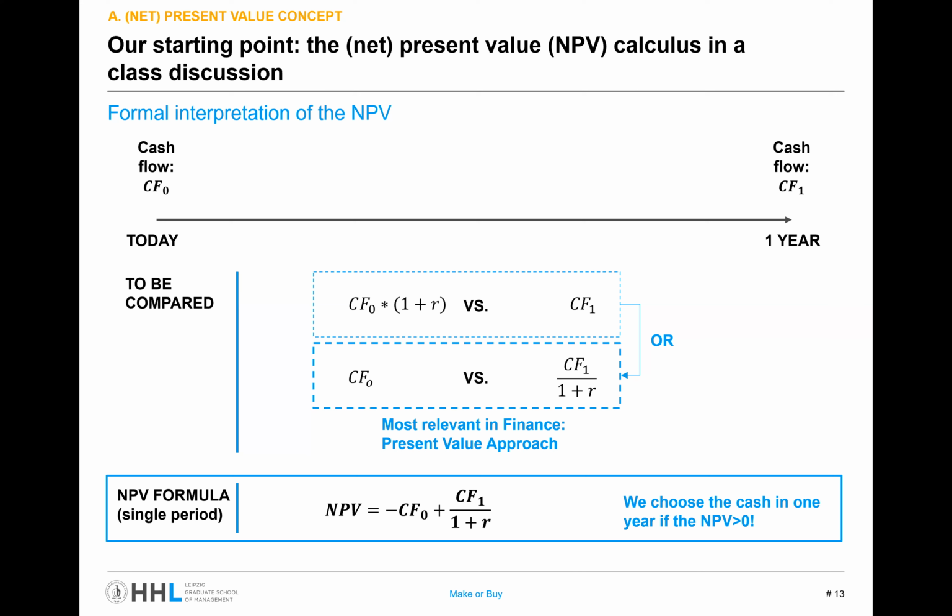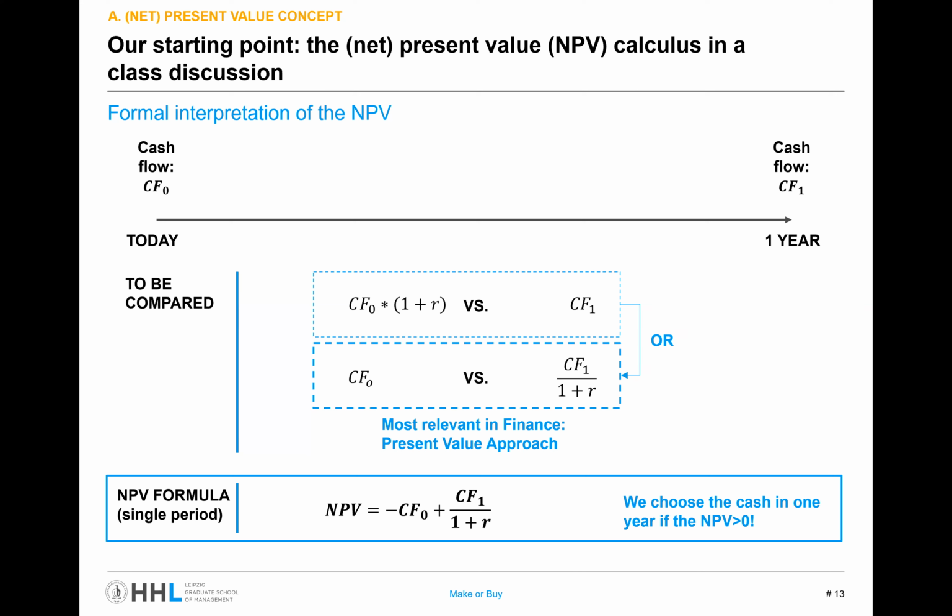Calculating one future value gets a bit messy because you have so many different future periods, but bringing everything back to today, that's rather easy. So that is the reason why we do that.